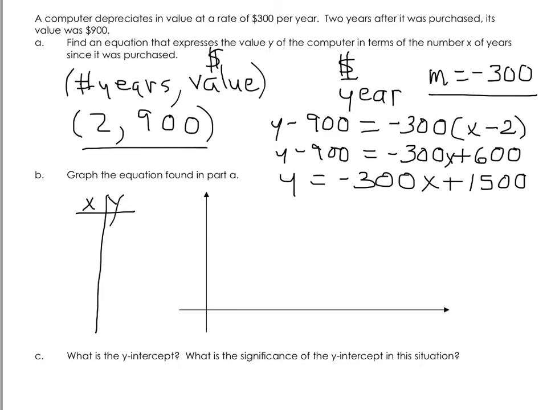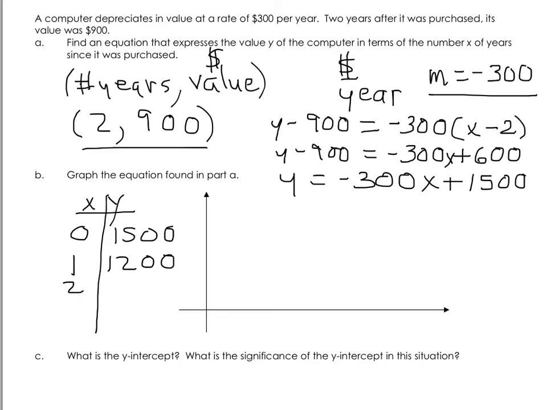I want to make a table because I want to figure out what scales, what numbers to put on this graph. If we let x be 0, y is 1,500. If we let x be 1, y is 1,200.